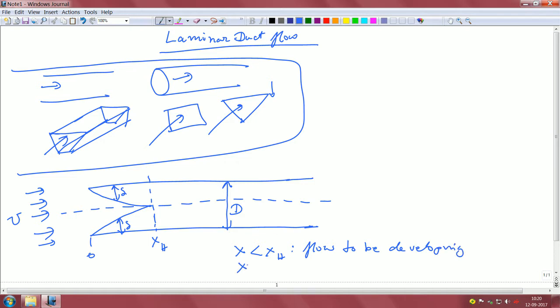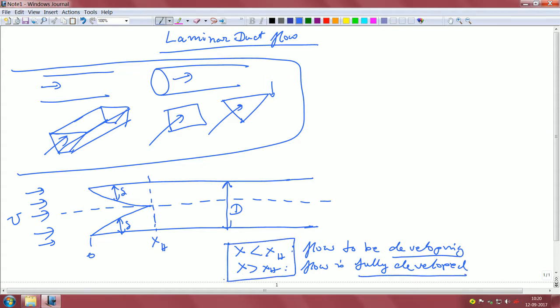When x is greater than xh, we call the flow fully developed. So, we say that the flow is developing or fully developed depending on the value of xh. Before xh let us see what happens, after xh let us see what happens.